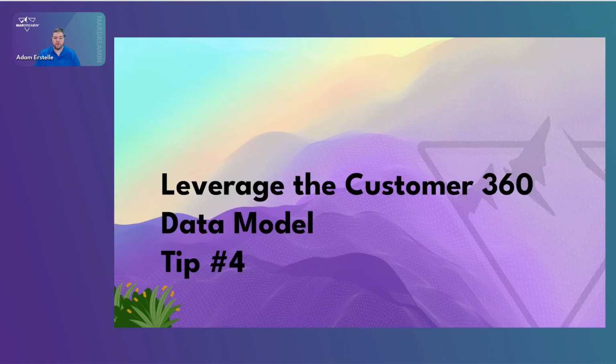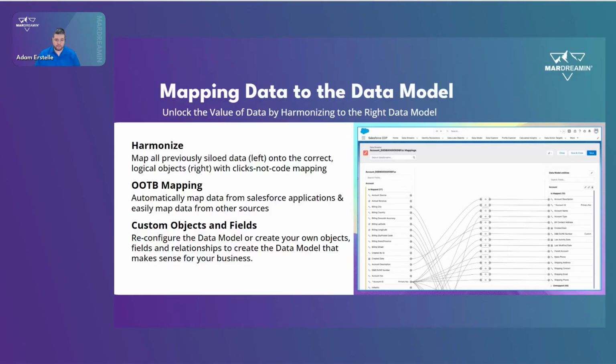All right, tip 4, leveraging the out-of-the-box data model. In Data Cloud presentations, and maybe if you're lucky enough to be in some demos, they'll show you how easy it is to map data, map fields from wherever it's coming from into what Data Cloud can work with.